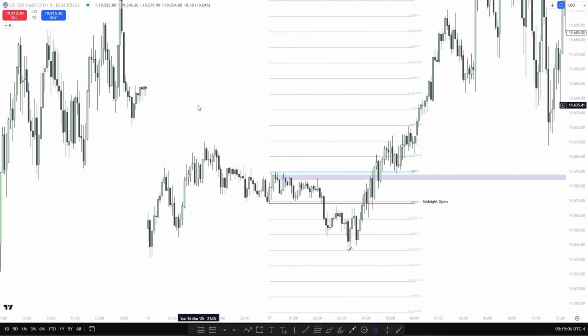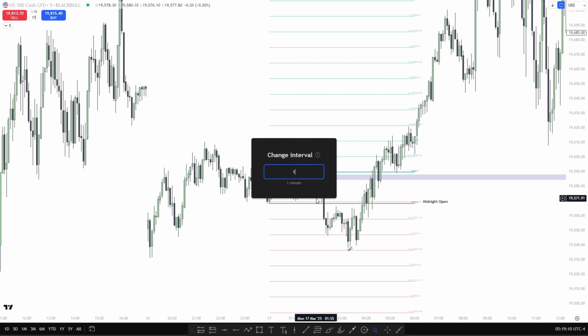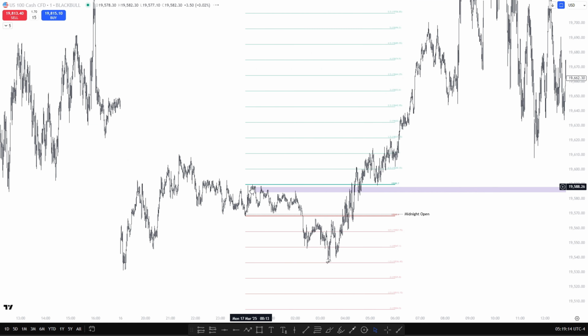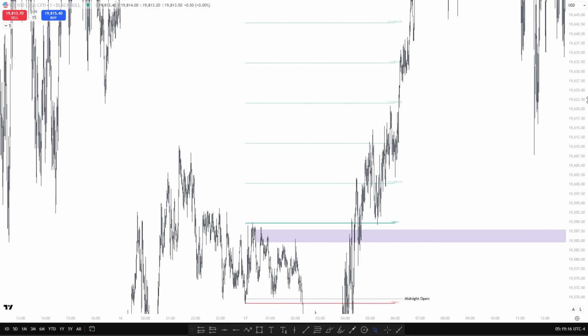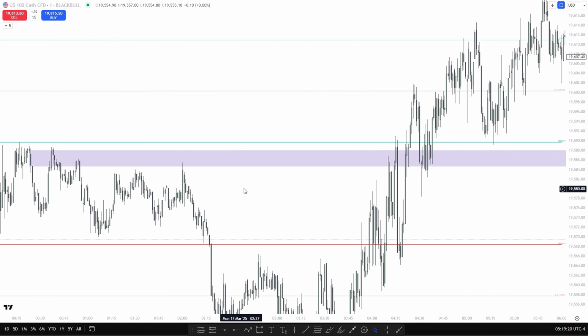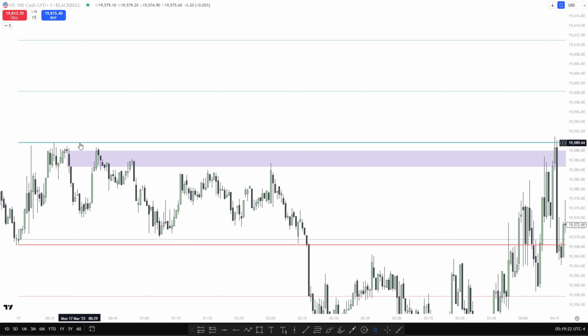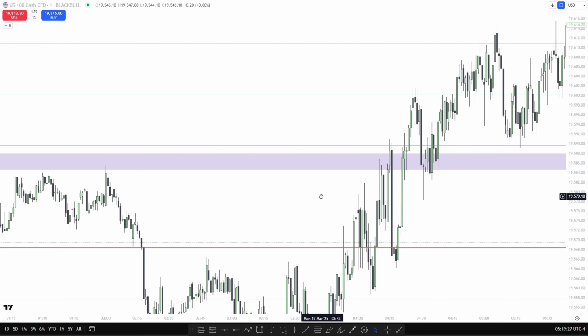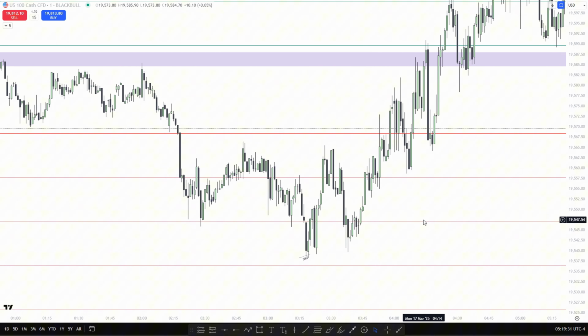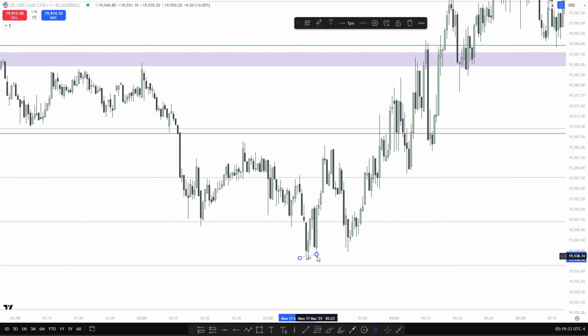Okay, guys, another thing I wanted to show you as well, if you go on the 1 minute, is how we used this displacement of the midnight range. Remember, the largest displacement that happens during the midnight range, marked in purple. This is the SMT, by the way.